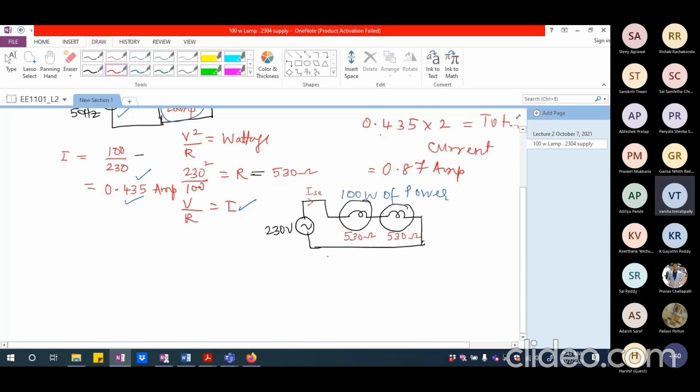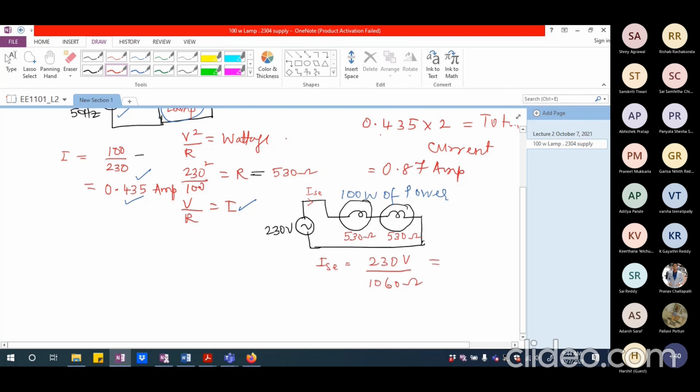So I in series in this particular case is going to be 230 divided by 530 ohms plus 530 ohms. So that is about 1060 ohms. So this is going to be the total current. That 530 ohms you got using V square by P, right? V square by P, exactly.